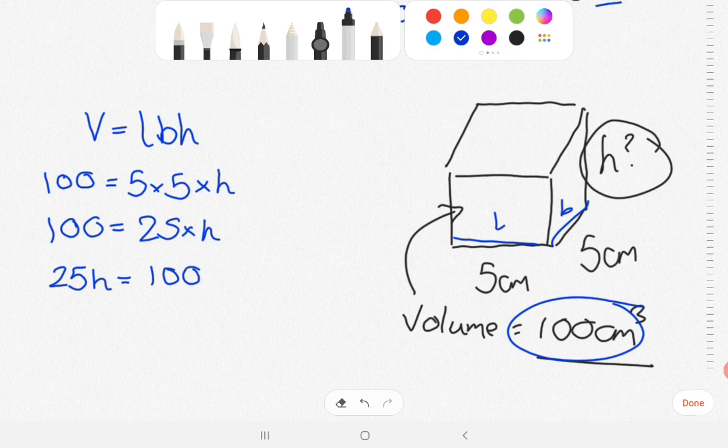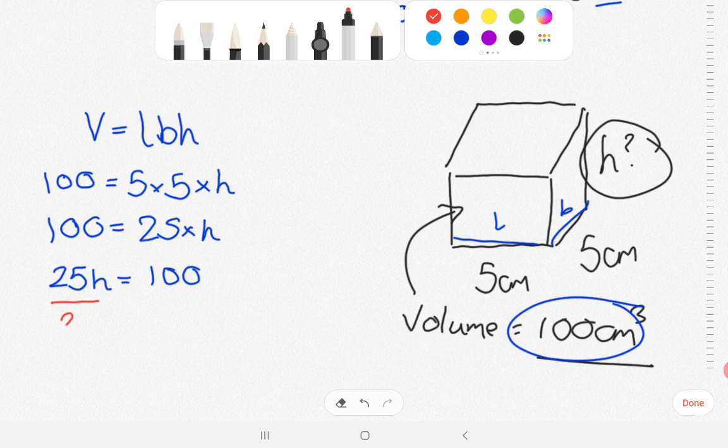Okay, now we have to cast our minds back to another topic that we've done quite recently, which is algebra and solving equations. It was one of the last ones we did in class together. This is 25h equals 100, but we don't want 25h, we want h on its own, so we need to think about doing our opposites to get h on its own. How do we get h on its own?